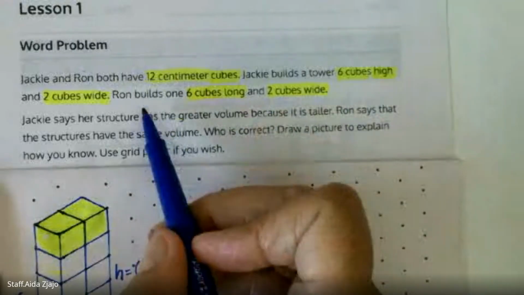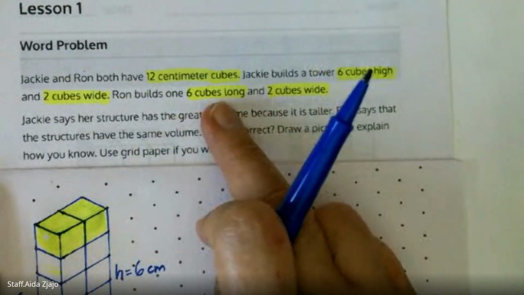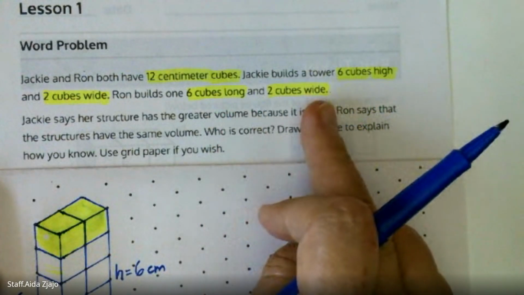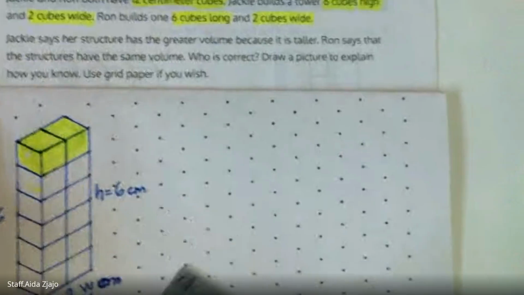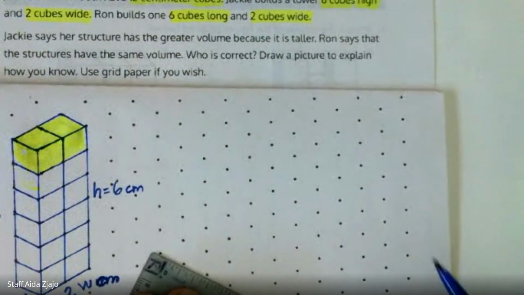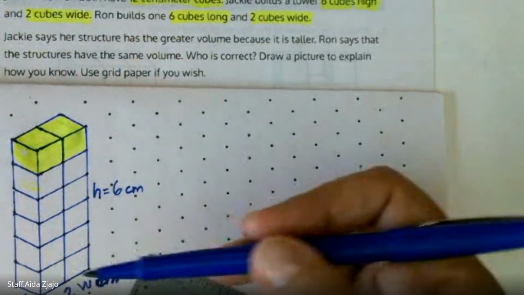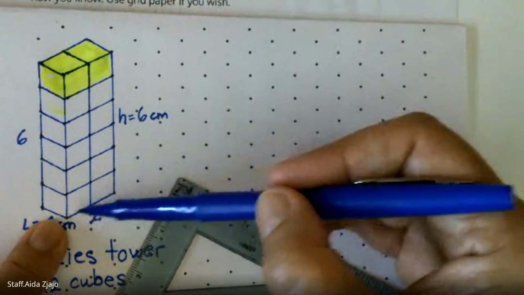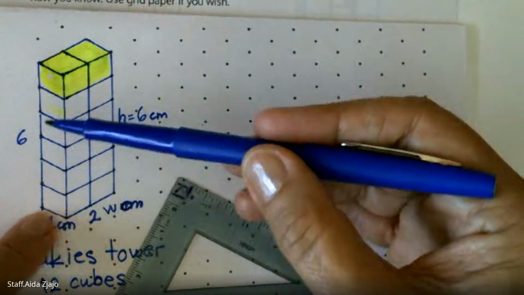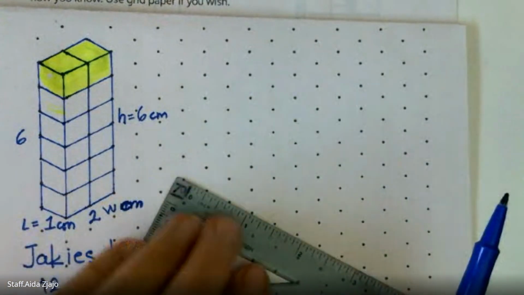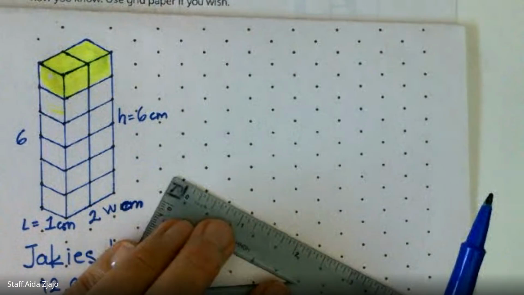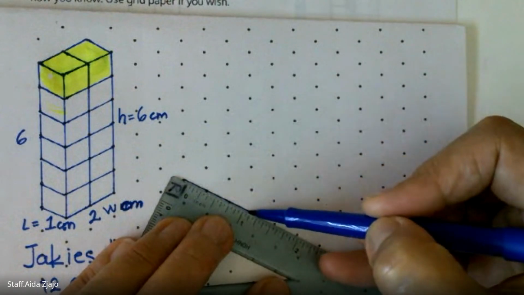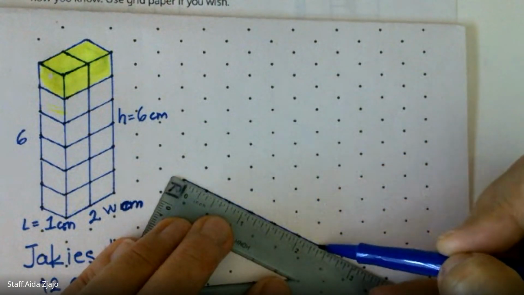Ron built 6 cubes long and 2 cubes wide. So if I take this and make it 6 long, remember this was the length 1 in Jackie's information, they just tell us the height and the width, not the length. So here is 1, 2, 3, 4, 5, 6.